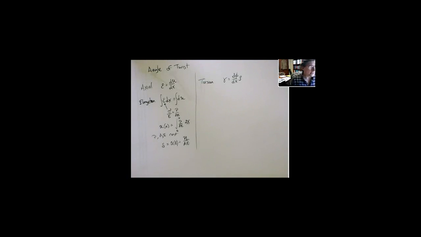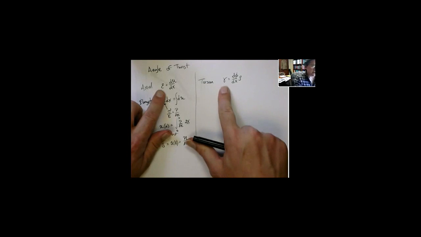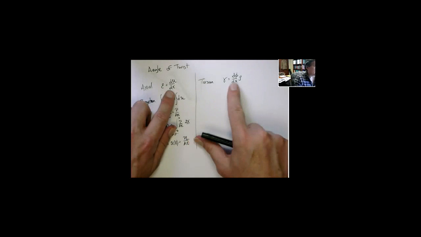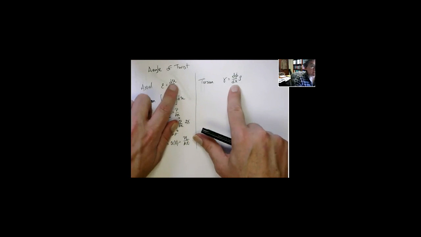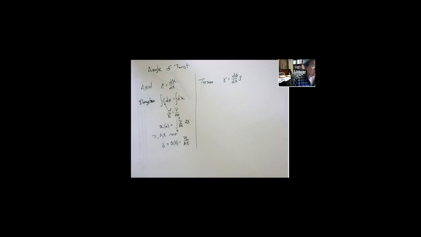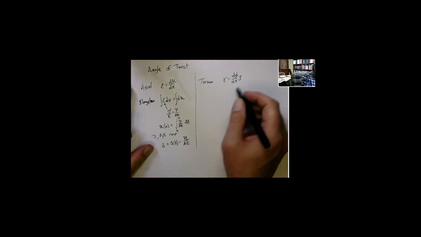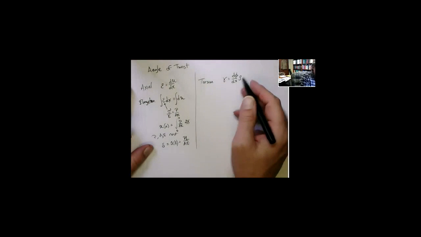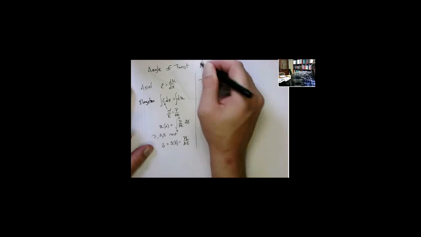Think about what's analogous. The strain, the measure of the deformation in axial, is the displacement; in torsion it's the angle of twist. So we have this little rho factor as well. All right, so we're trying to find the angle of twist, right?